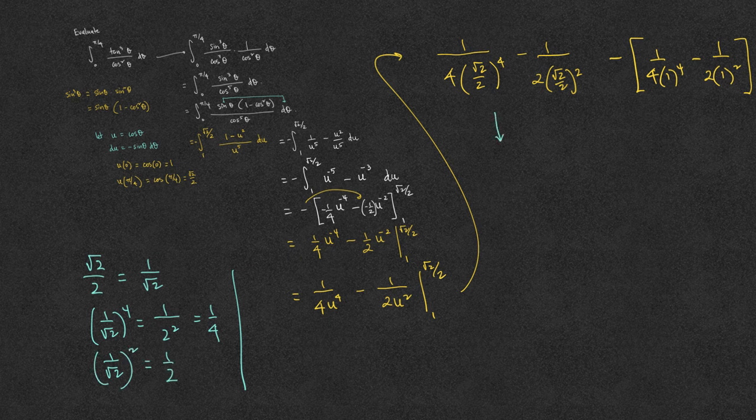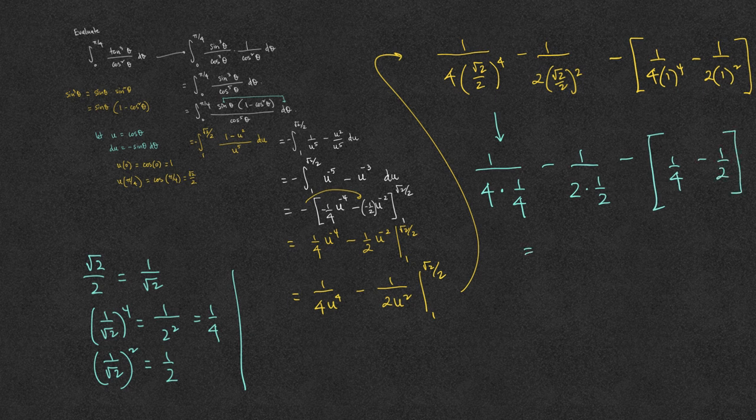And so we have 1 over 4 times root 2 over 2 to the 4th, which is now 1 over 4, minus 1 over 2 times root 2 over 2 squared, which is now 1/2, minus 1 over 4 minus 1/2.